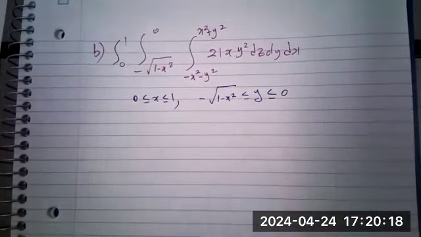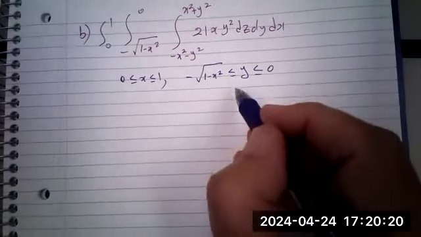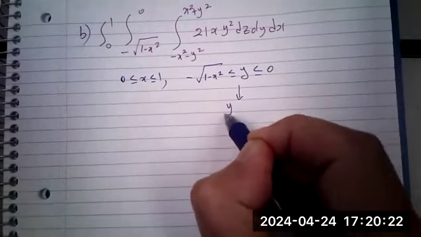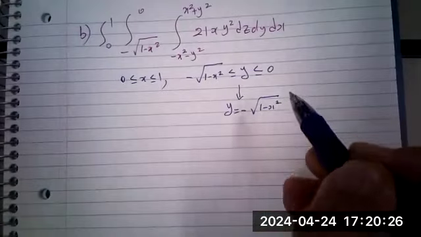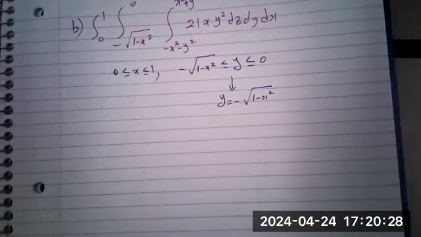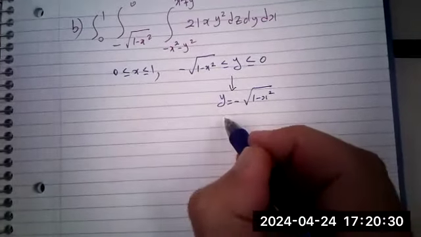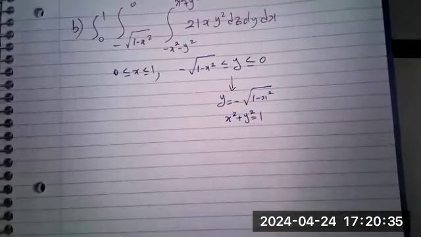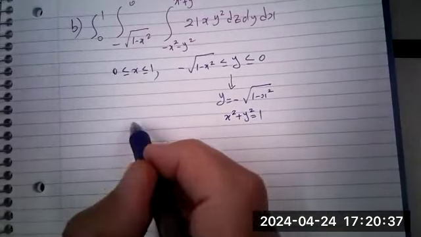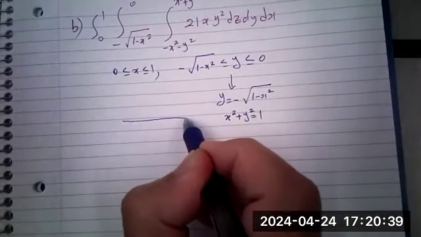This is the y. Again, you bring it down to confirm what you have. You see, this is the lower semicircle. You square it, that gives you the unit circle, x squared plus y squared equals 1. So the region that you are going to be integrating is this one.